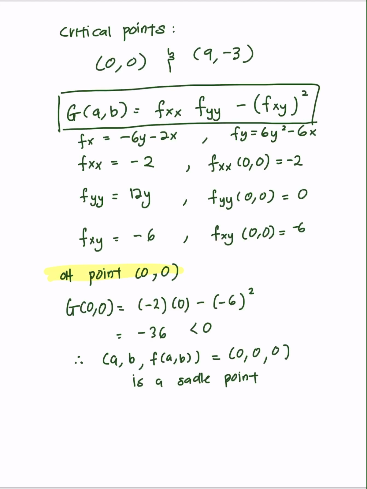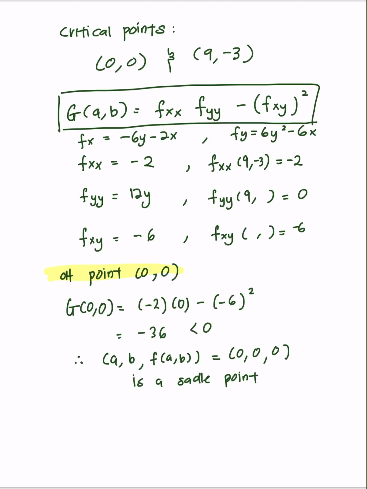Now we want to check for (9, -3). This time we check for (9, -3). For fxx at (9, -3) it remains minus 2.